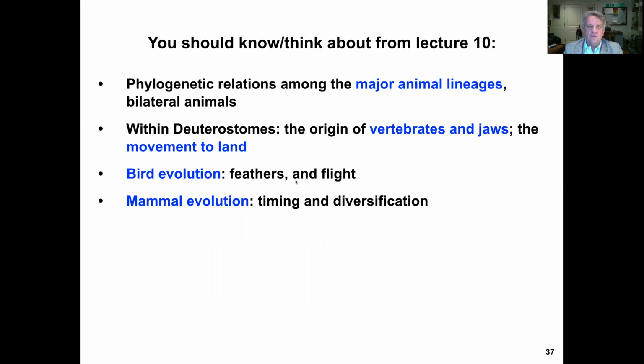And with mammal evolution, think about timing and diversification. But also bear in mind the disparity in species diversity among the major living lineages of vertebrates. And this will become important when we begin investigating and discussing evolutionary radiations in a subsequent lecture.